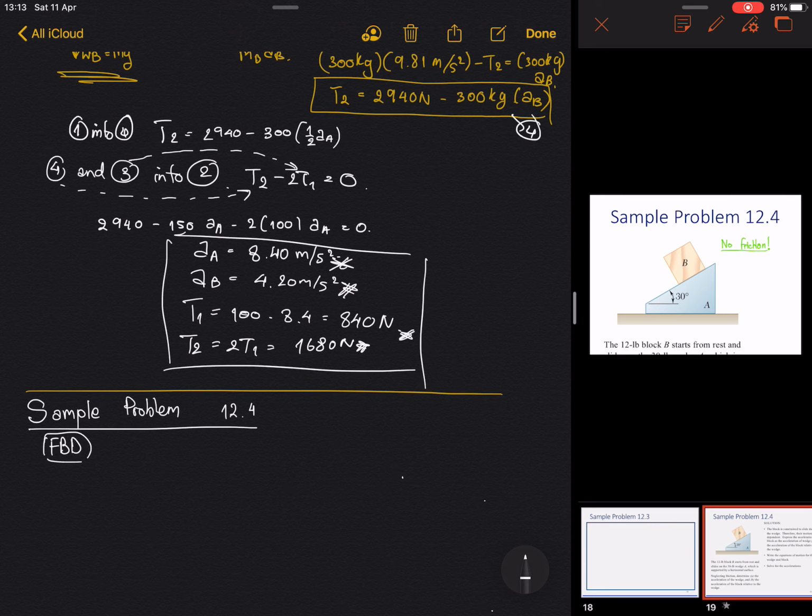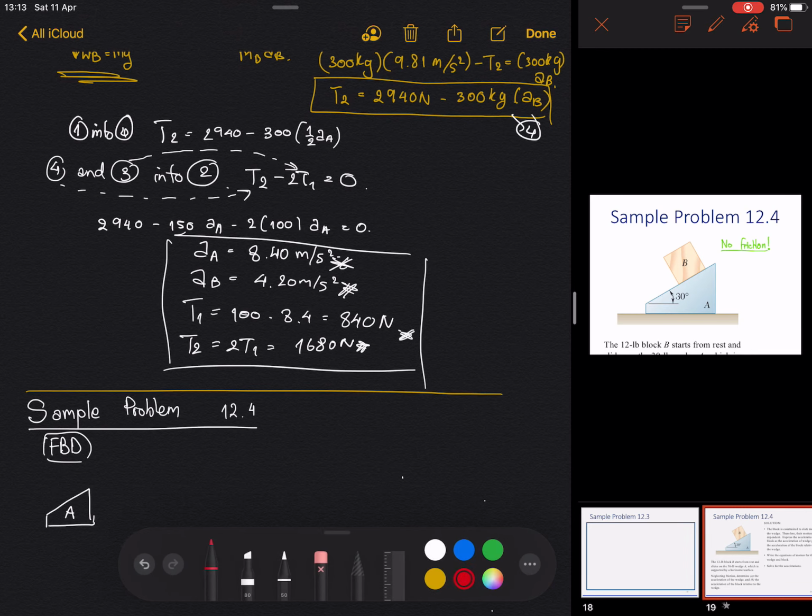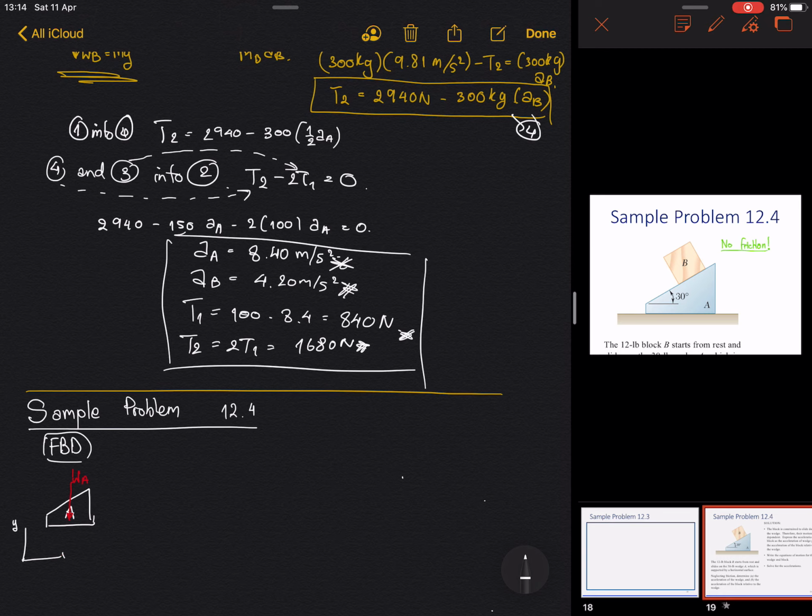First, let's start with the weight on the bottom, object A. First we draw the forces on wedge A. Then we draw the coordinates, using coordinate y-x like this, and we also draw the force by the support N2, because we also have N1 here, right?